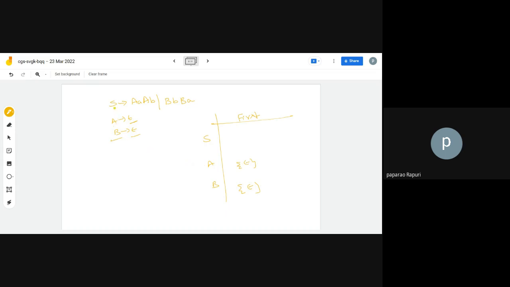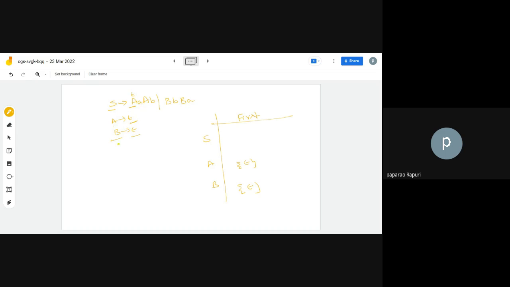Now coming to here. First of S is equal to first of A. What is first of A? Epsilon. So suppose if you place epsilon here, what will we get?